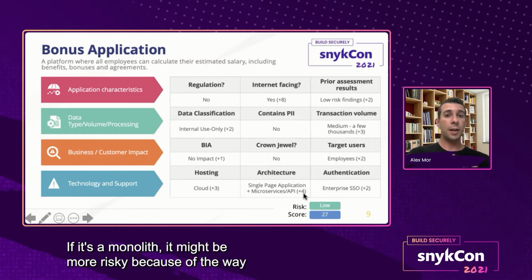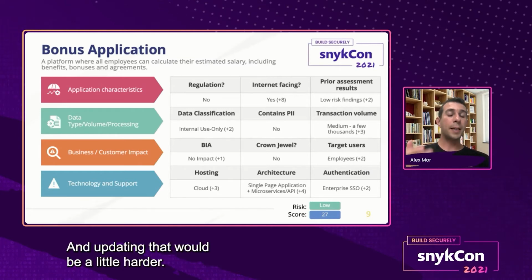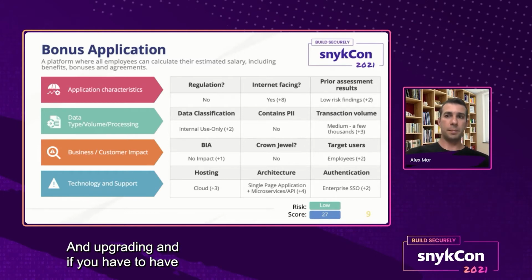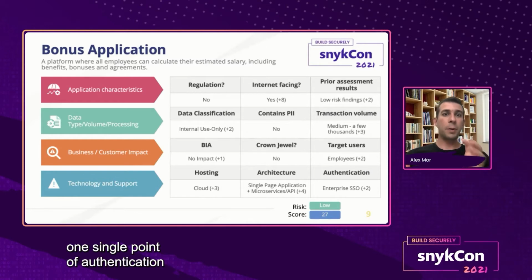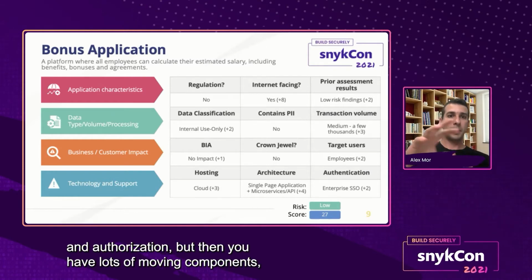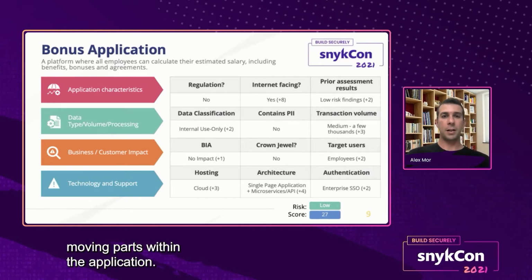If it's a monolith, it might be more risky because of the way it's structured, and updating and upgrading it would be a little harder, and you have one single point of authentication and authorization, but lots of moving parts within the application.